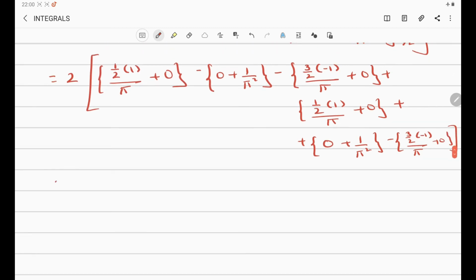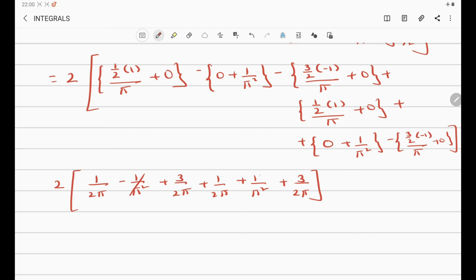So this on simplification we get this as 1 by 2 pi plus 0 minus 1 by pi square, then minus into minus plus 3 by 2 pi, then plus 1 by 2 pi plus 1 by pi square plus 3 by 2 pi.